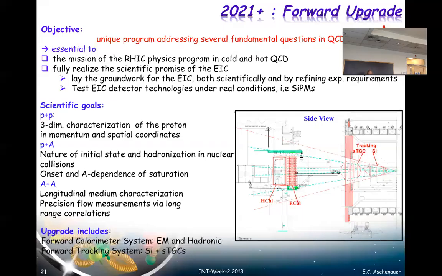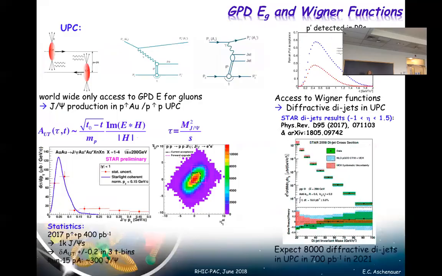Sorry, yeah? Is it Wigner functions or GPDs? Are you accessing Wigner functions? I always get confused about exactly this between both of them. Maybe it's one of momentum space, GTMD, or mixed momentum and configuration space, more or less. So I measure kT, I measure P, and I measure x because of the rapidity.